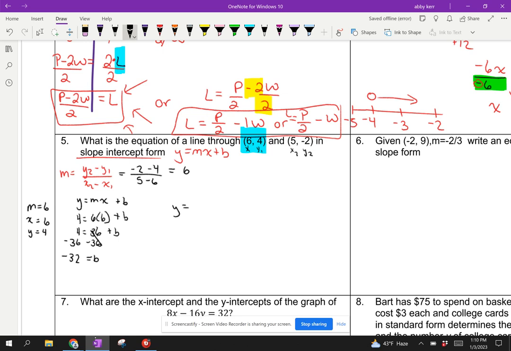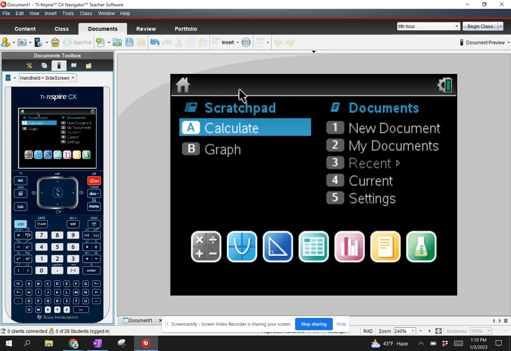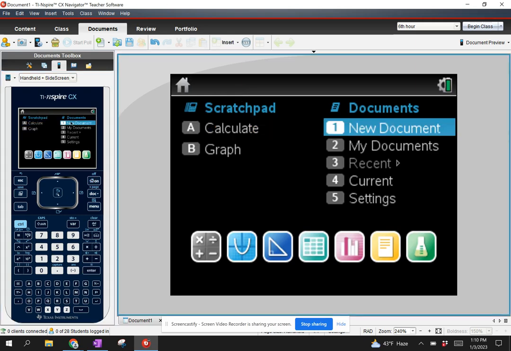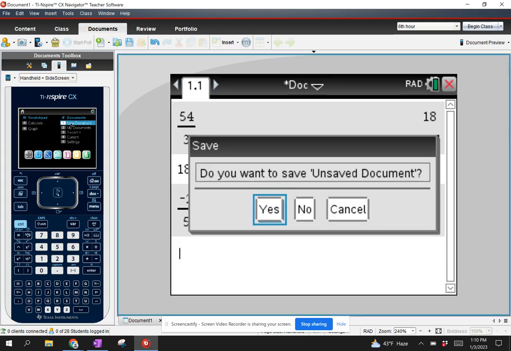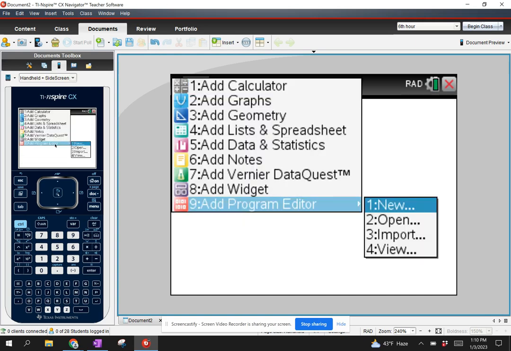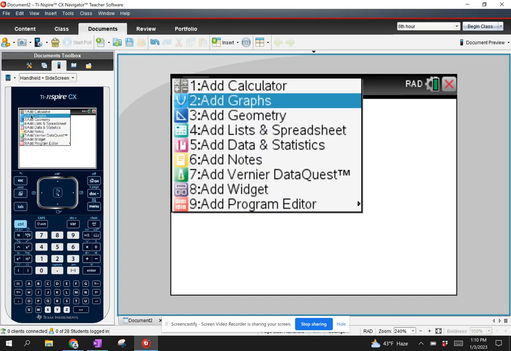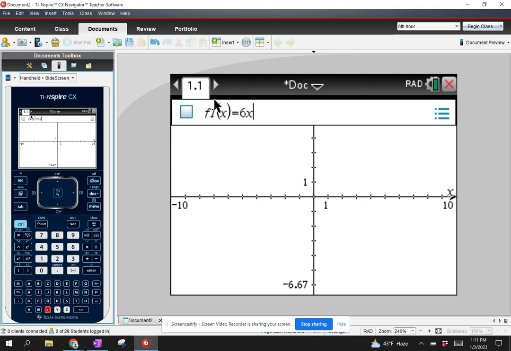So our equation is y equals mx plus b. And all we have to do is substitute in our m, which was 6, and our b, which is -32. Now we can confirm that. If we go to new document, add a graph, 6x minus 32.